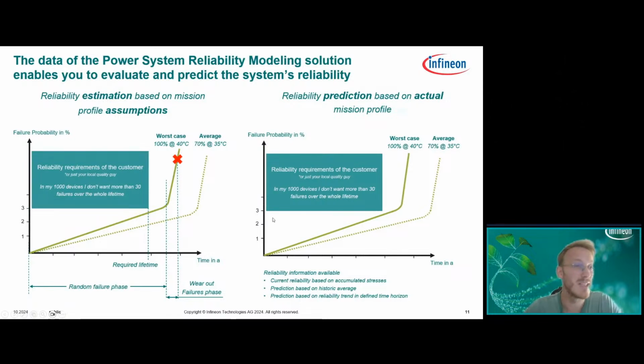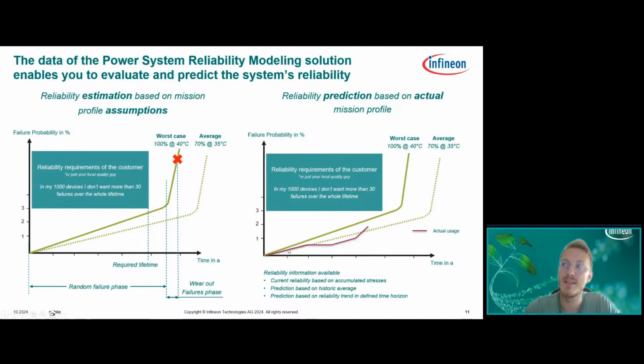But the customer doesn't see what happens to his specific power supply when it's deployed in the field. Temperature and load can be vastly different depending on where you operate it. With our solution, you can track exactly how the reliability and the failure rate of your power supply develop while it's deployed in the field. This purple line is the live feedback of our solution that the customer can read out.